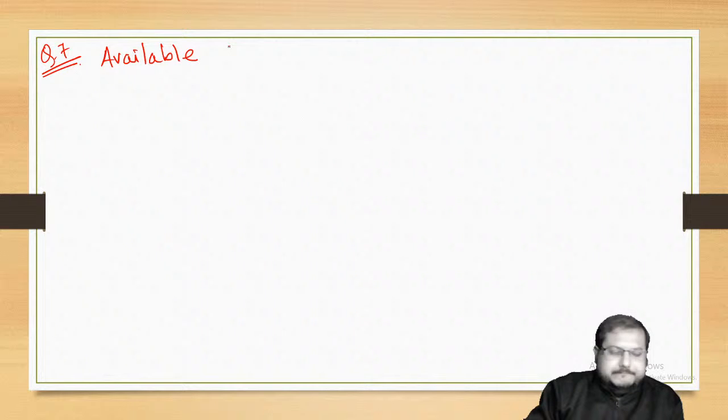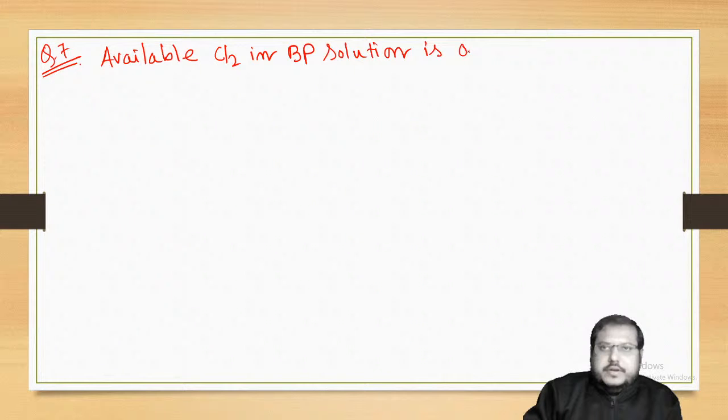Question number 7. Available chlorine in bleaching powder solution is 0.3 milligram per milliliter.